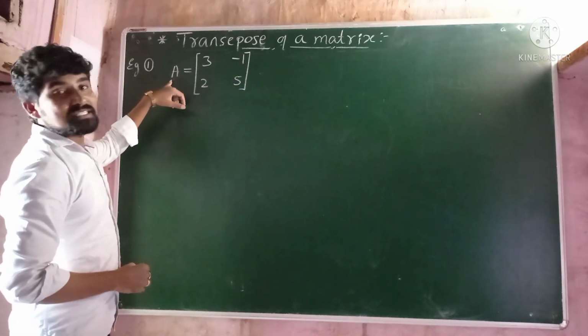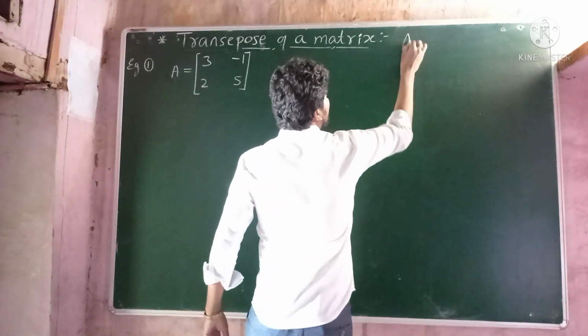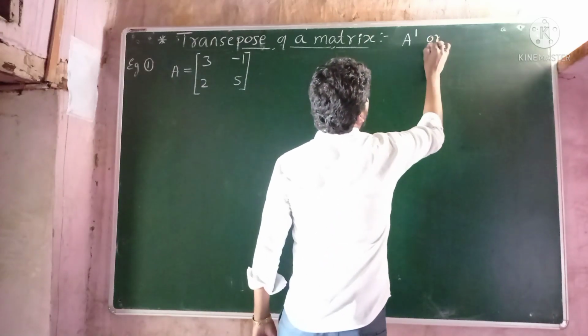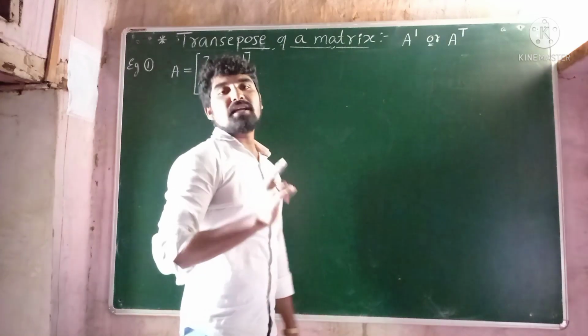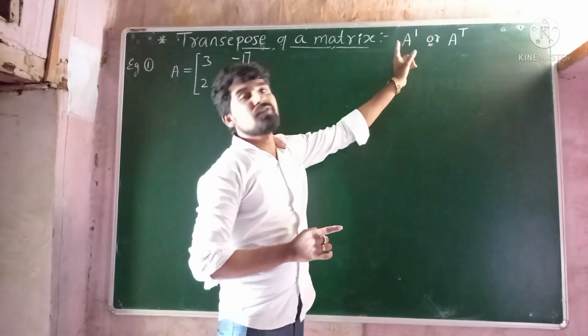Transpose of the matrix A is denoted by A dash or A power T. But the entire NCERT textbook uses this symbol, so we continue with this symbol only.